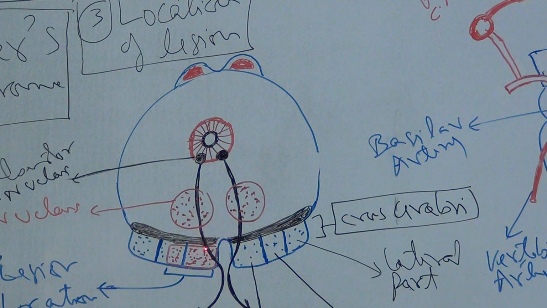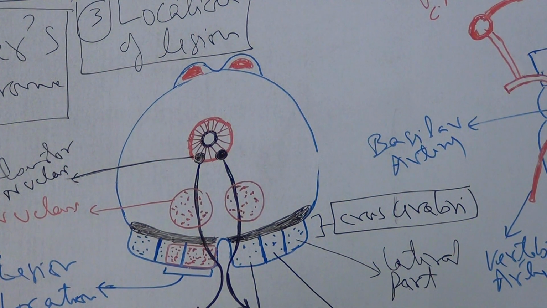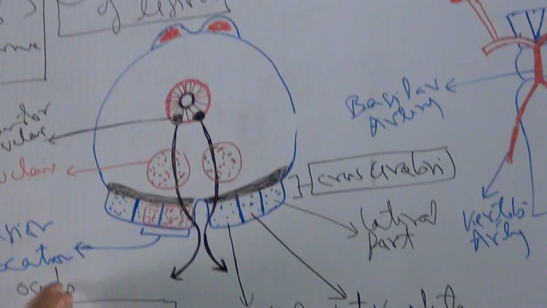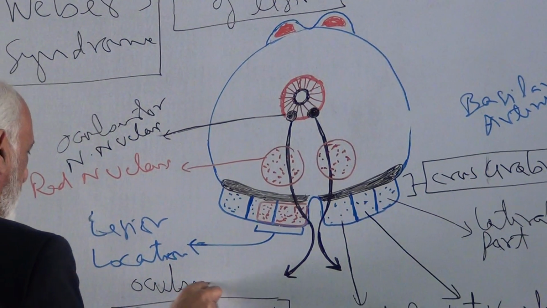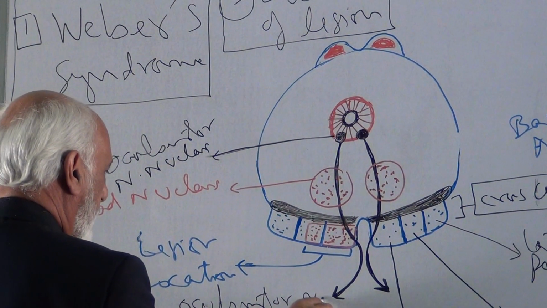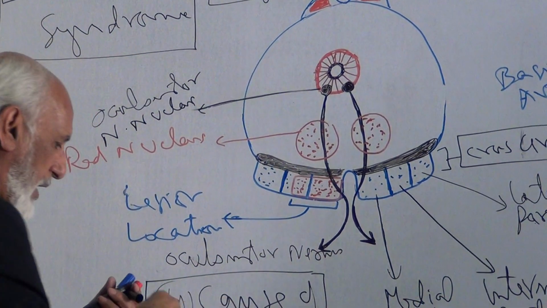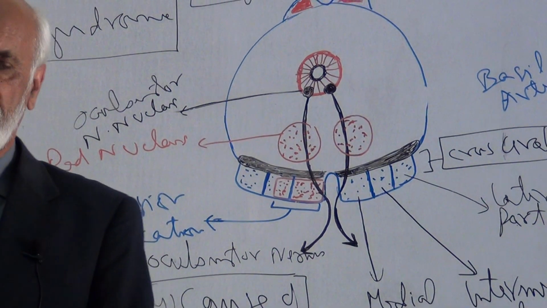Second, because the nerve fibers of the oculomotor nerve also traverse the medial part of the crus cerebri, the oculomotor nerve will also be involved in this lesion.